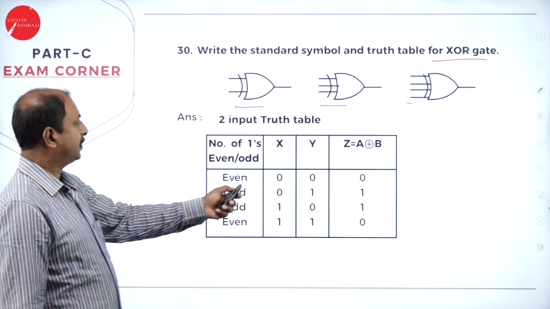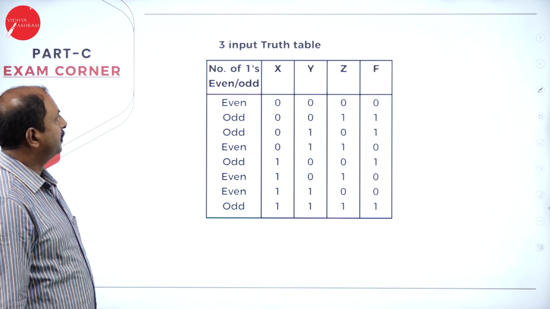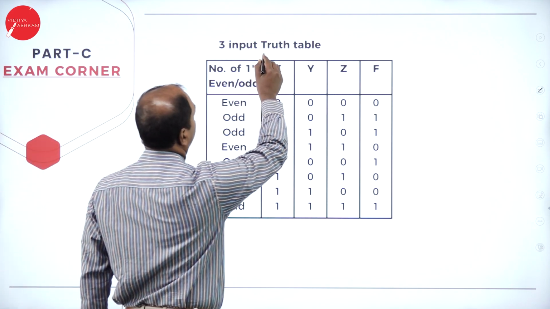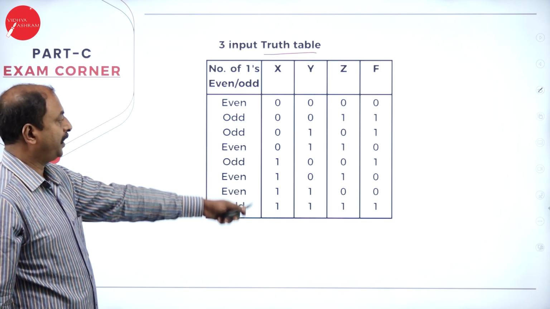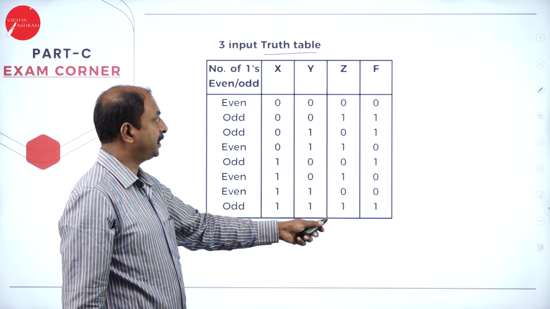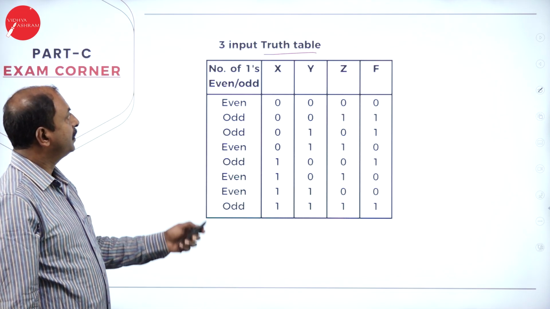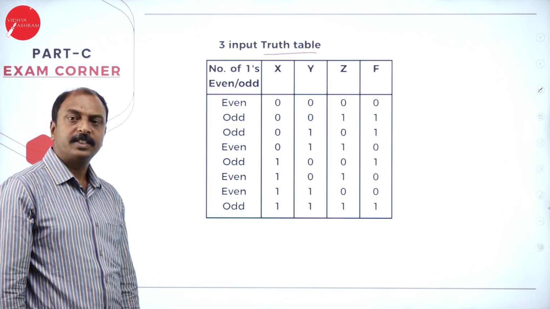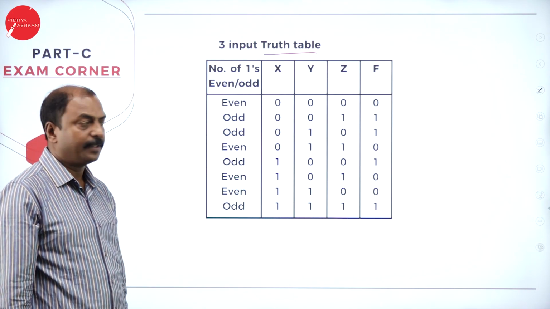These are the combinations, this is the result, and here this is the 3 input XOR gate. So here these are the combinations. There are 3 variables, 8 different combinations, and this is the output of the XOR gate. So this is the truth table of the 3 input XOR gate.